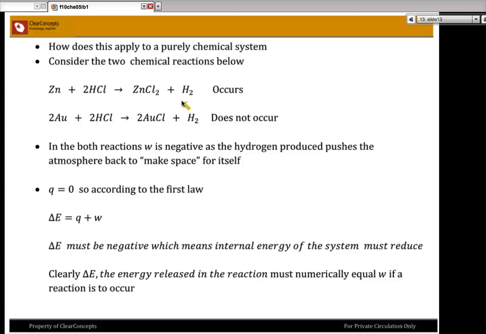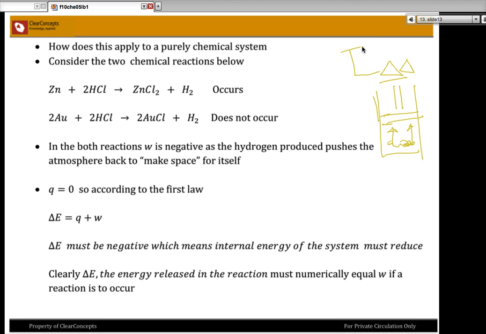Agreed? Very simply, if I had taken the reaction in a piston like this, with some weights on top, this is the piston, and here's where the reaction took place, this expanding hydrogen gas would have pushed the piston up and moved these weights up by some distance.